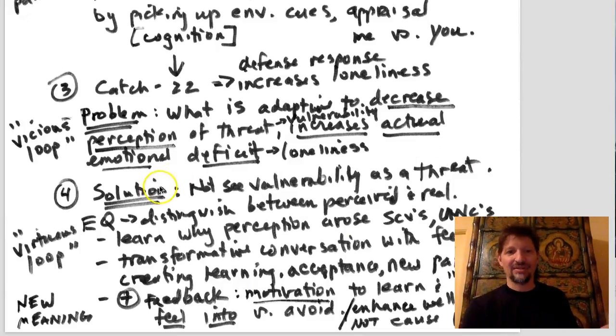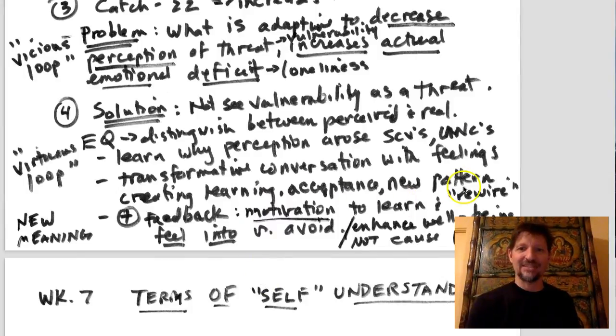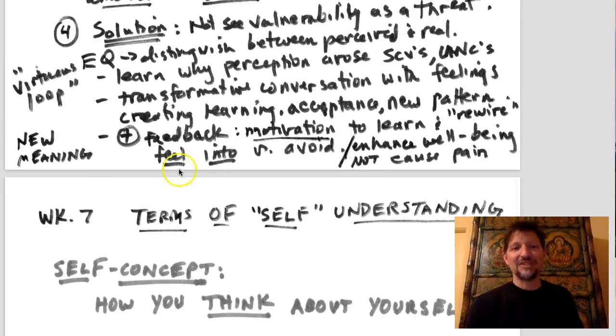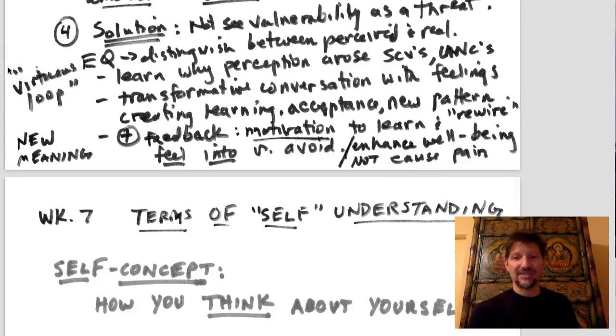Develop a higher emotional intelligence, learn how your perceptions arose, transform your conversation with your feelings, create learning and acceptance in a new pattern, learn to rewire yourself, and so forth. So feel into the emotion versus avoid it. Enhance well-being, rather than causing pain for yourself. This is the virtuous loop that I'm hoping you all begin to develop some practice with in this class.